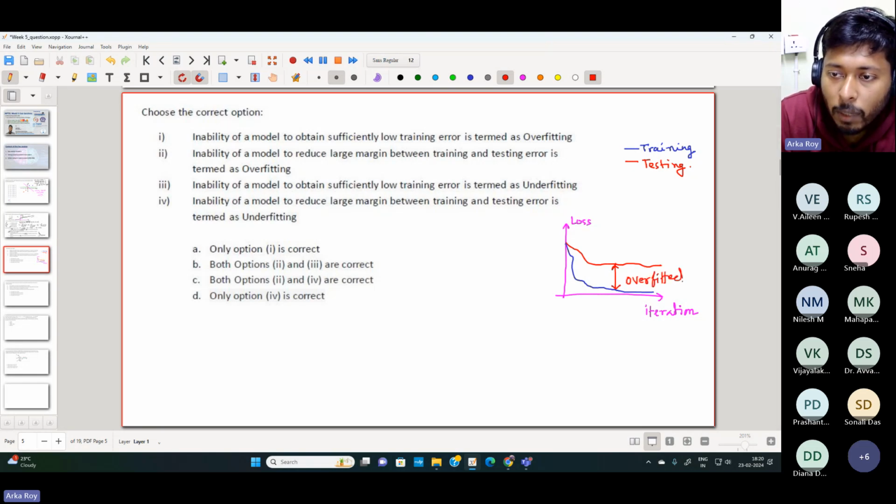Overfitted means while training the model, it performs very well, but while testing the model, it gives significantly poor results. So this phenomenon is called overfitting of a model. And let us consider another case. For example, you have two data sets like this. And another one is this.